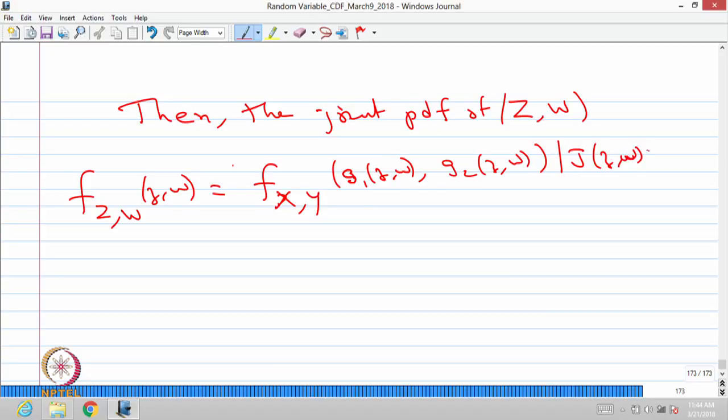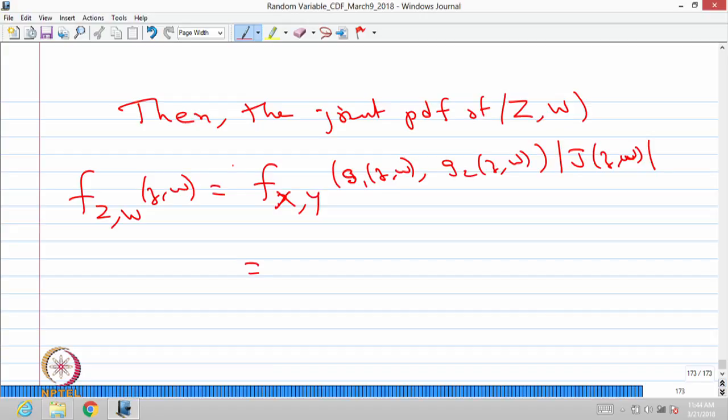The Jacobian has to be non-zero, that is also a very important condition, because if it is 0, then the probability density function will become 0. So, as long as the Jacobian is a non-zero quantity, you can go for it.